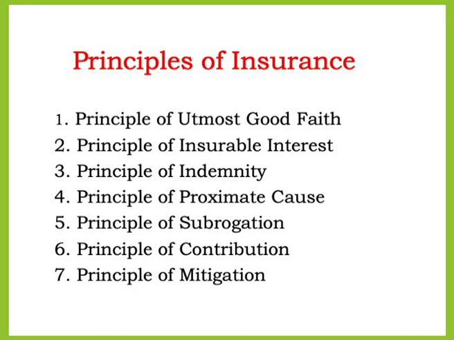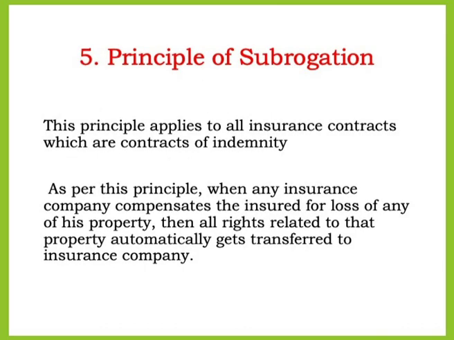The fifth one is the principle of subrogation. This principle applies where an insurance company compensates for the loss suffered, and then whatever rights are related to the property will be automatically transferred to the insurance company.